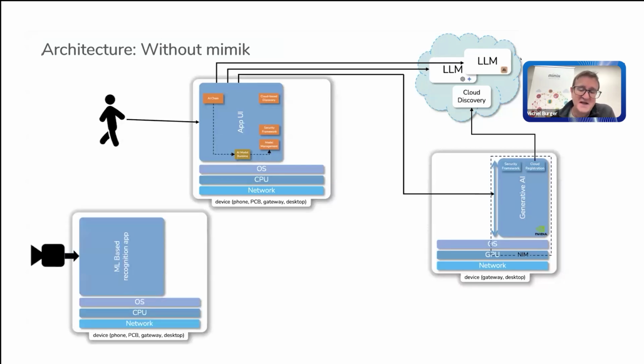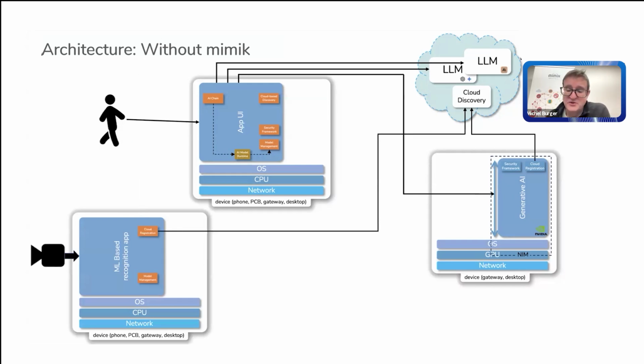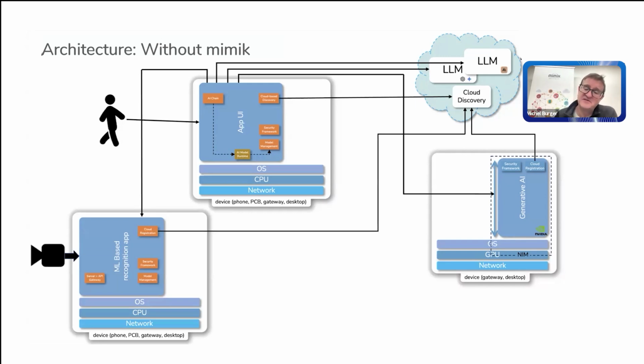So now if a new device arrives, same thing: you will have to embed the model management. This will not happen because you will have to have the registration to the cloud discovery. And once the cloud discovery is achieved because of the security framework, the AI chain on the native UI you're developing is now discovering the new element.